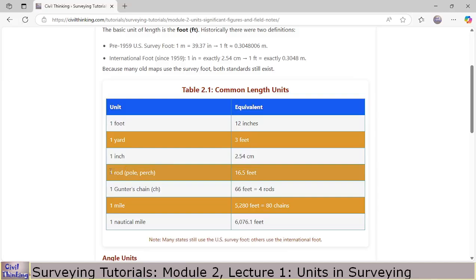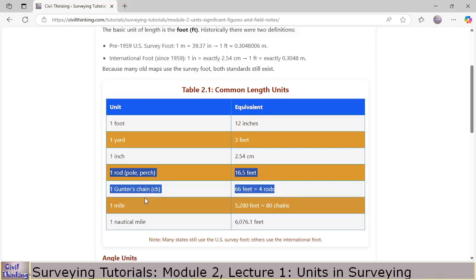This is important, and you might already be aware of these: 1 foot is 12 inches, 1 yard is 3 feet, and one rod is equal to 16.5 feet.